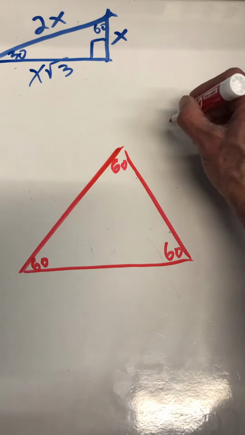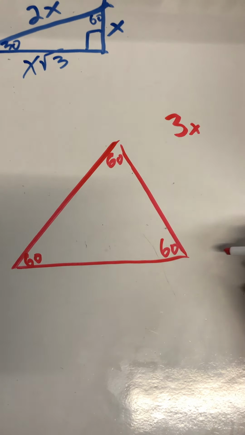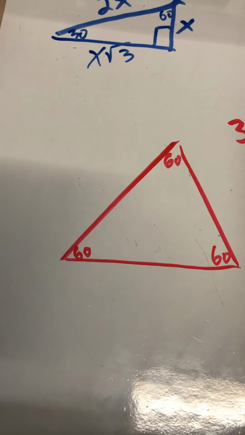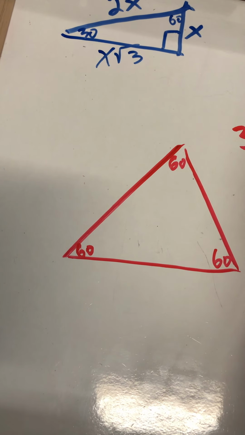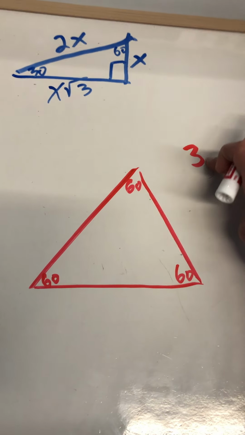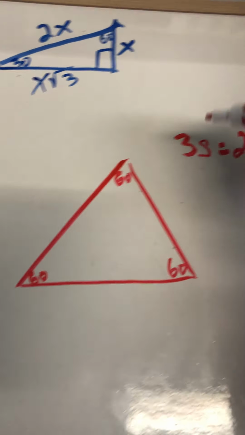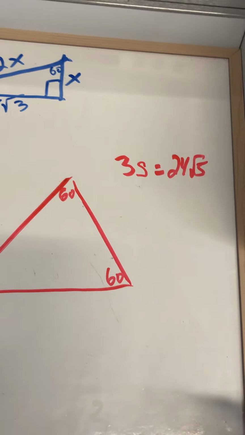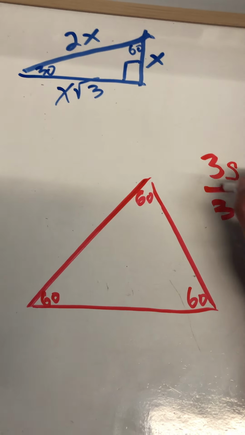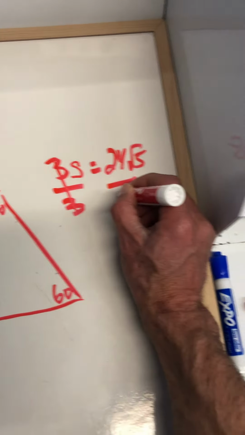Well, if 3 sides are the same, and all 3 sides add together to give me 24 root 5. So think of it as, instead of, let's say 3x, let's just say 3 times each side. 3 of the sides give you 24 root 5. How do we figure out what each side is? Well, divide everything by 3.